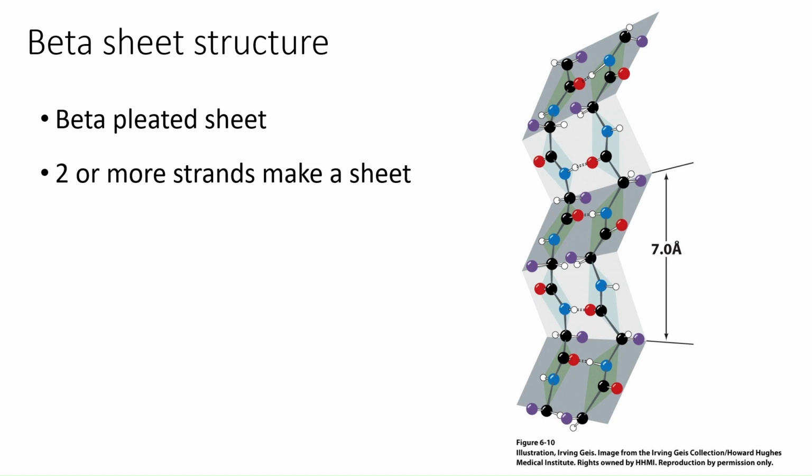If you have just one strand, that's not enough to define a sheet, but once you have 2 strands or more, that's going to define what makes a beta sheet. And those strands are always going to run directly next to one another. They never cross over one another. The length of the strands can be as little as 3 amino acids and up to about 10, so they're generally not super long.